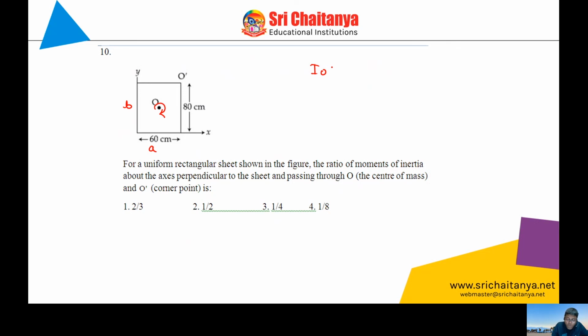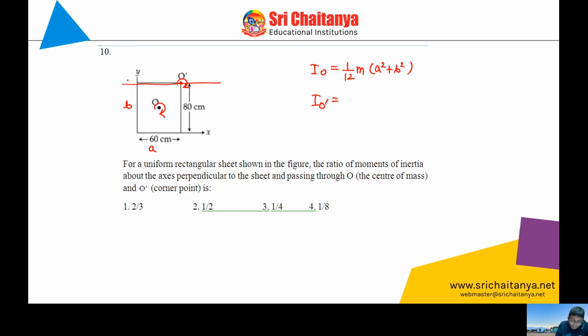So I naught according to the formula is simply 1 by 12 M (A square plus B square), and that is known to you. Similarly, I naught dash you can also find about this axis here. Although you are supposed to remember the formula, I am going to justify it anyway.